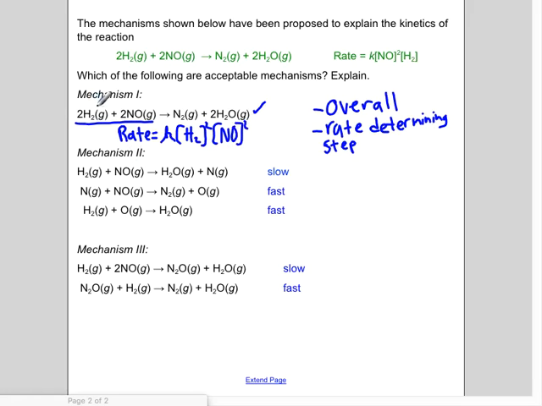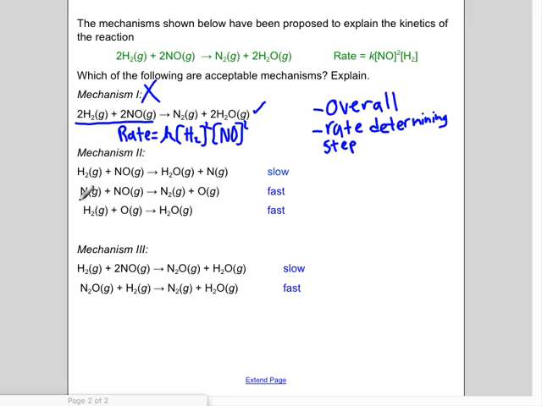And that does not match our rate law. It doesn't matter what order you write it, but our rate law should be first order in H2, and this one is second order in H2. So this is not a good mechanism. No. All right, let's check mechanism 2.